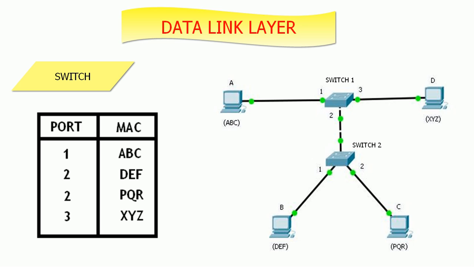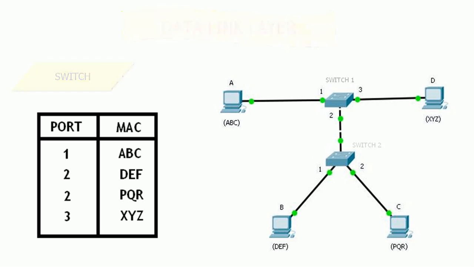So the switch updates its MAC address table as MAC address ABC resides on port 1 of the switch. Now let's look at the second port of the switch, which is connected to another switch. How do you think it will update the MAC addresses of those two PCs of switch 2? It will simply write both the MAC addresses, that is DEF and PQR, as residing on port 2.